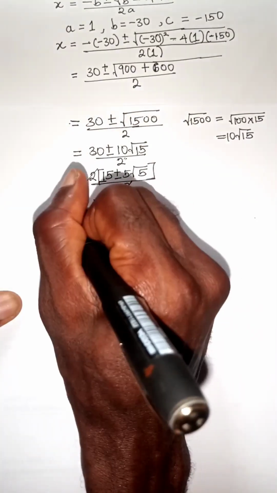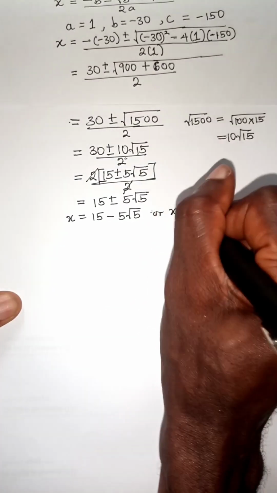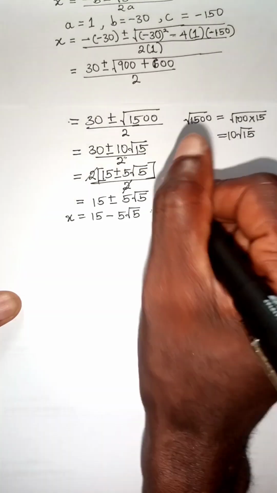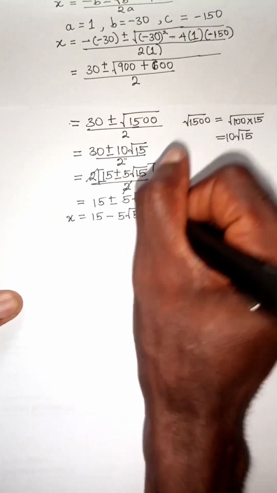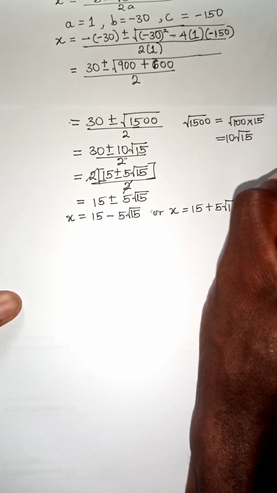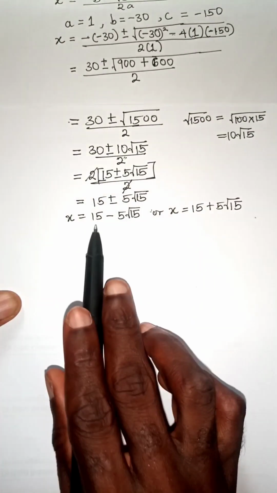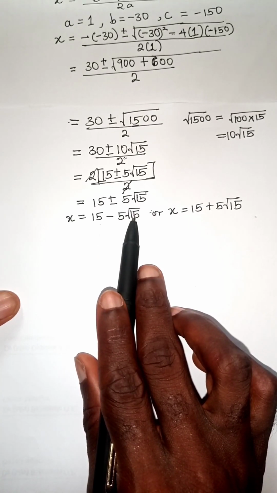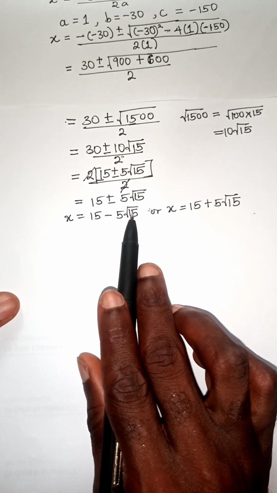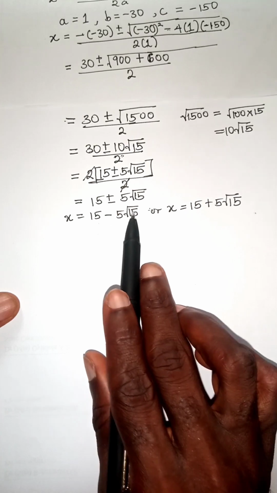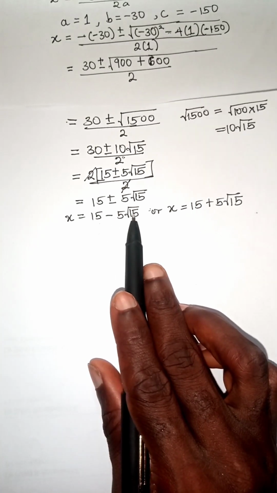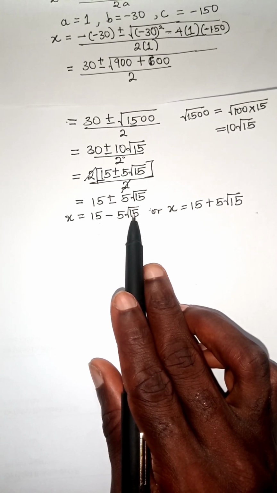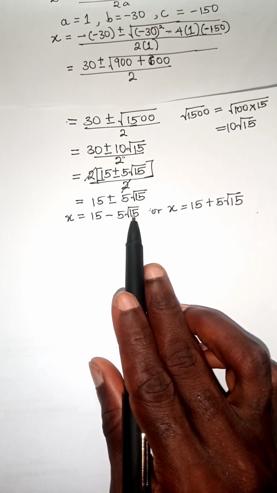Then the value of x could be 15 plus 5 root 15. Now, looking at the first value, the square root of 15 is more than 3. It is about 3.873 to 4 significant figures.